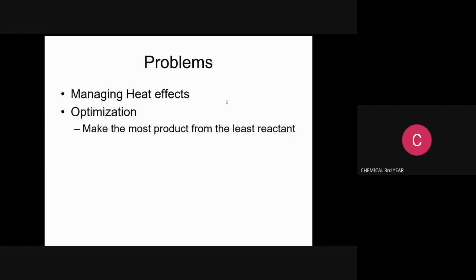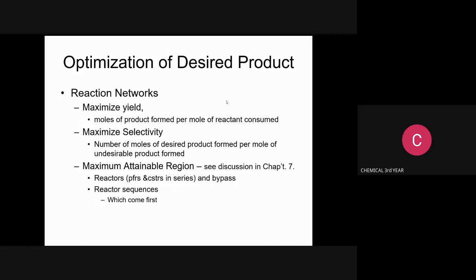For the desired product, we have to optimize some factors inside the reactor. The first one is the reaction network. We must change the reaction networks to maximize the yield, maximize the selectivity, and maximize the attainable region.